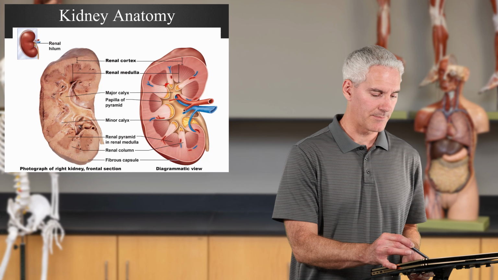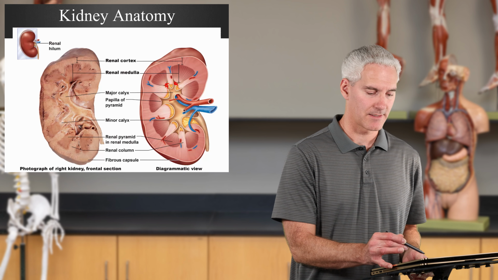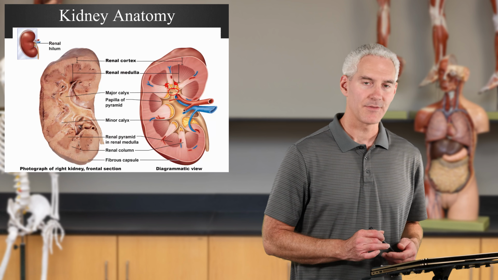So for example, here's a minor calyx and here's a minor calyx. Together, they form the major calyx. It's where they fuse and come together. Now these major calyces, the plural of calyx, go into the renal pelvis. This is the central point right here. The renal pelvis is where all the major calyces come together.